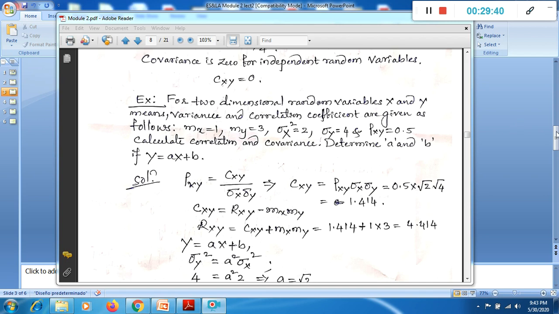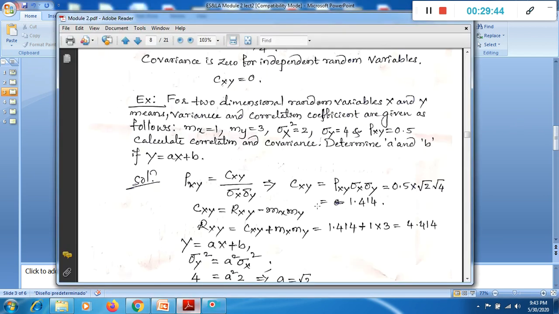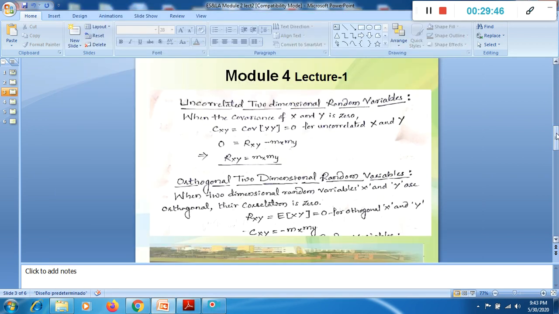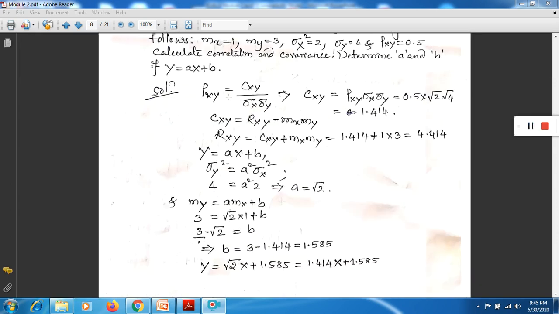We know that rho of xy is the covariance C of xy divided by del x and del y. So by using this equation, we go for solving the problem.